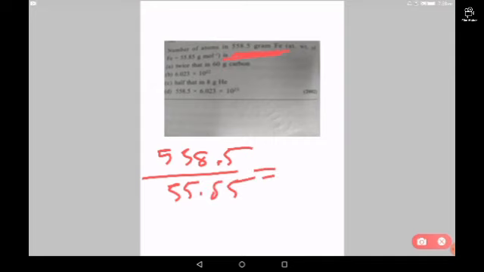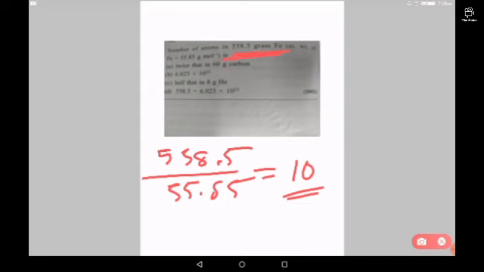So let us find the number of moles first in the iron. The mass given is 558.5, so total mass divided by atomic mass will be total number of moles. Dividing by 55.85 will straight away give you 10 as the answer.